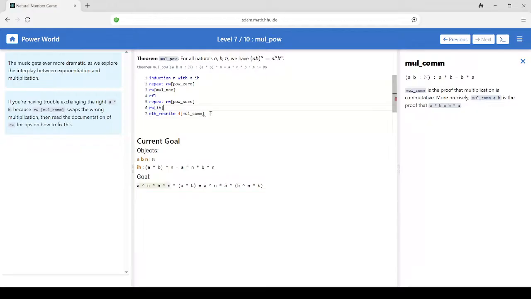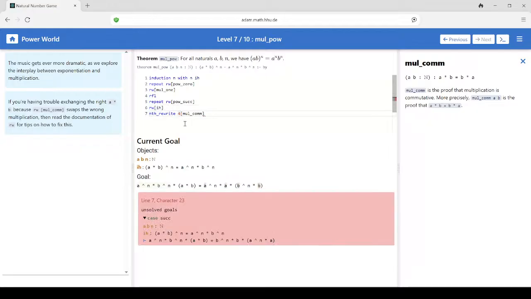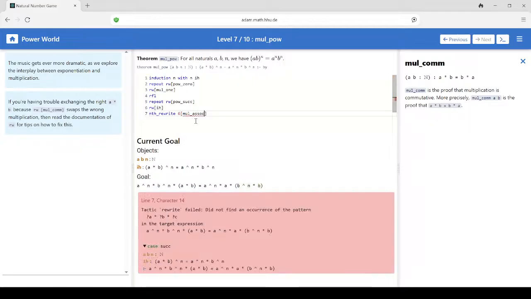No, I think we, what about 5? We have a times n. No, 6. b times n. Wait, maybe we do want to use the associative.